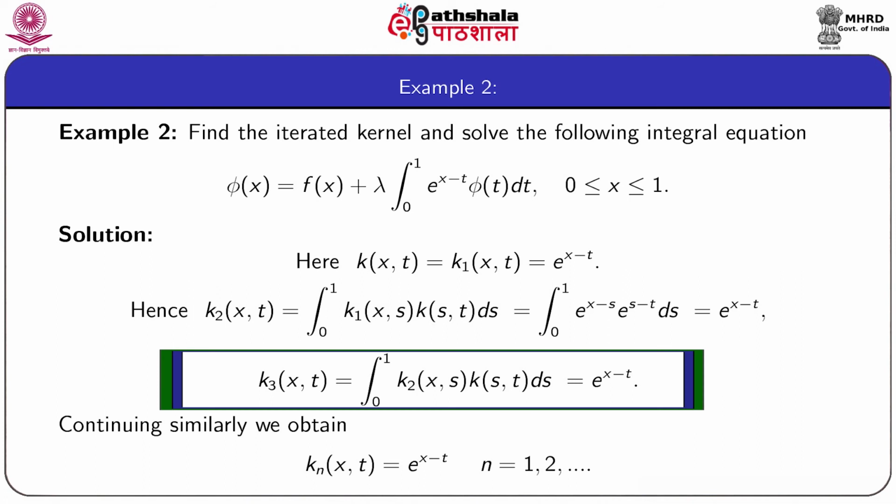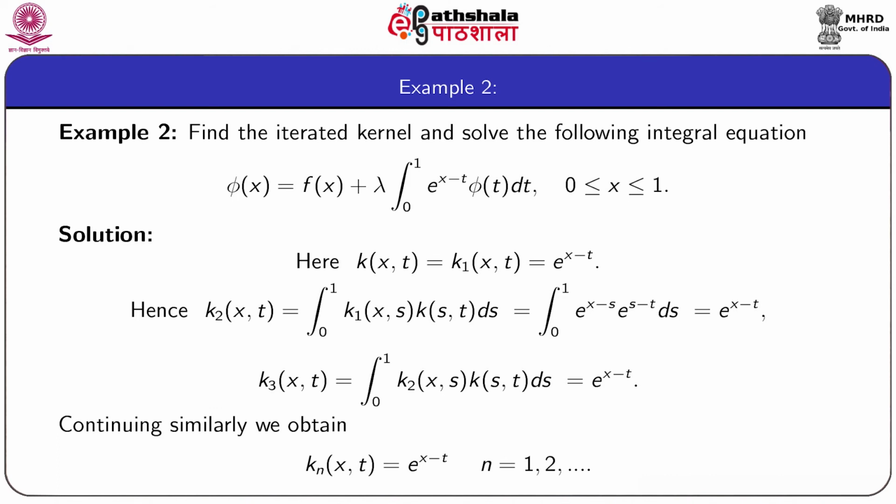Similarly, the third iterated kernel K3(x, t) is given by integral 0 to 1 K2(x, s) K(s, t) ds, which can be simplified to e to the power (x minus t). So, if I continue, then we obtain Kn(x, t) as e to the power (x minus t) for all n.